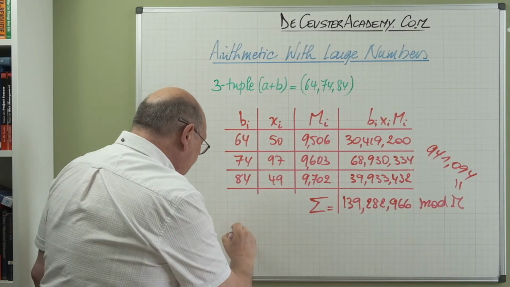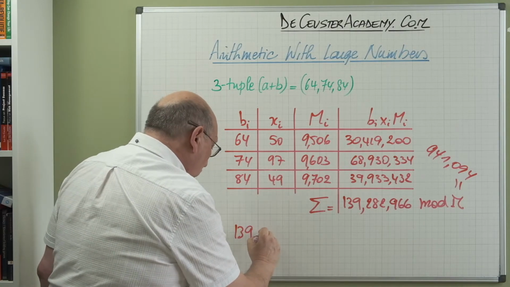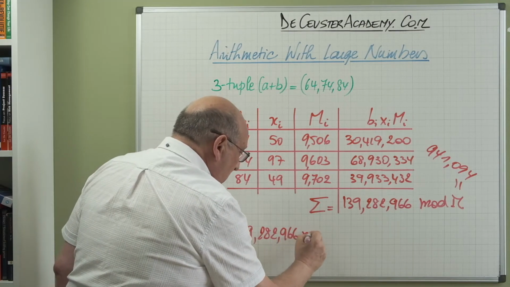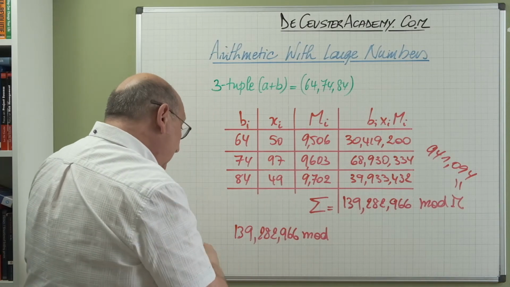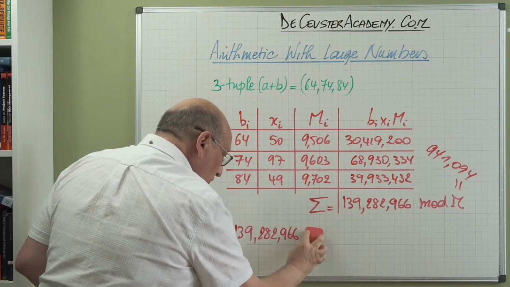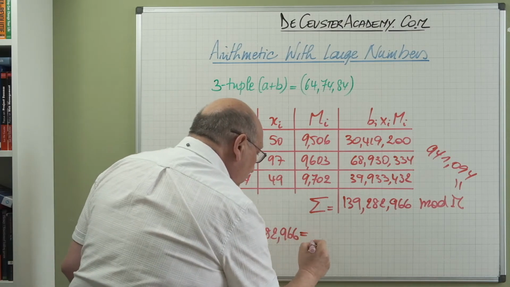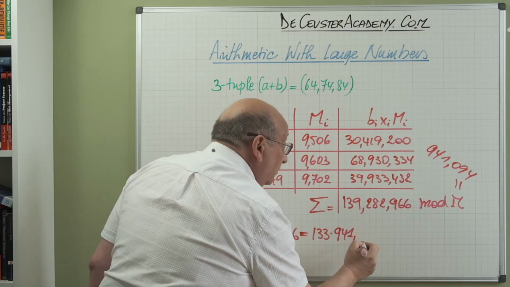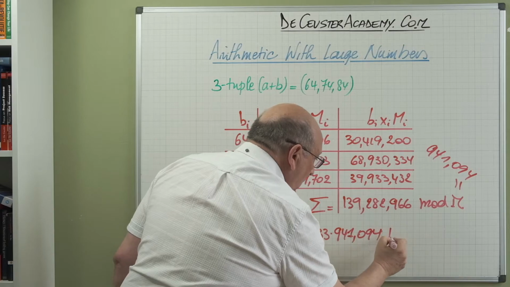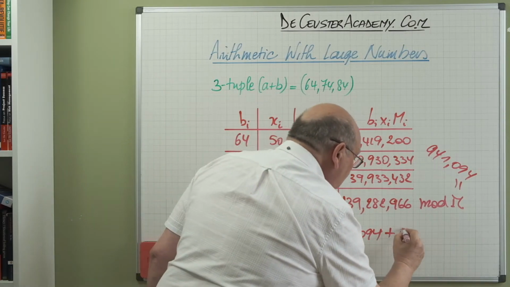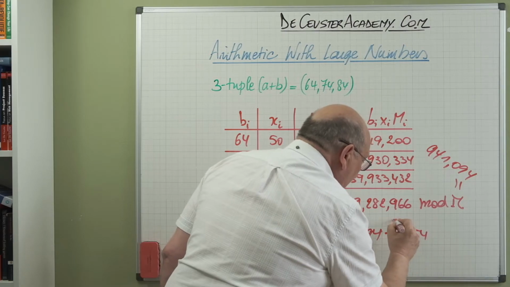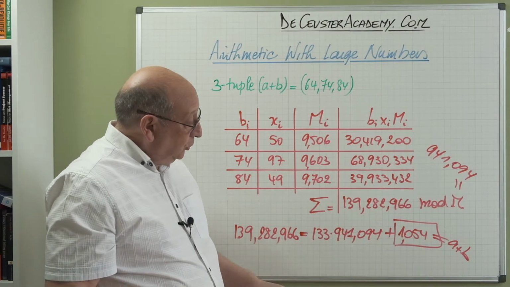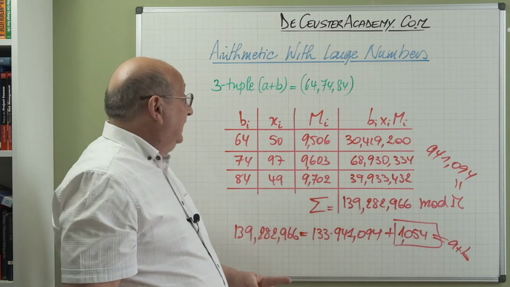So basically we can say that 139,282,966, we don't have to write the modulus here, we say this is equal to 133 times 941,094 plus 1,054. And that is in fact A plus B. So when we take the original numbers, we will see that we find this number.